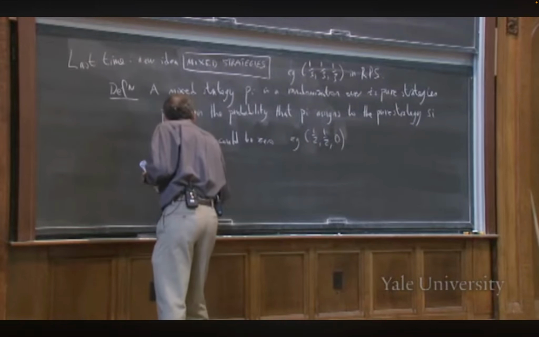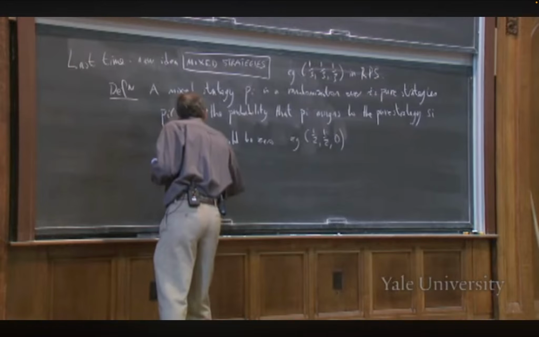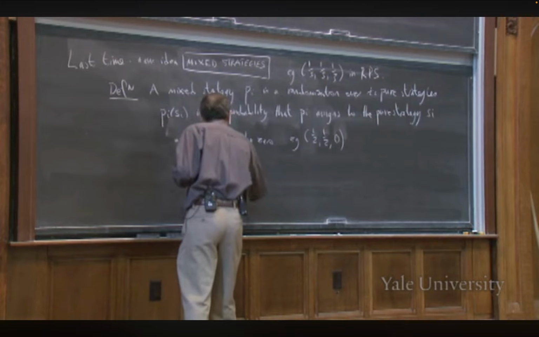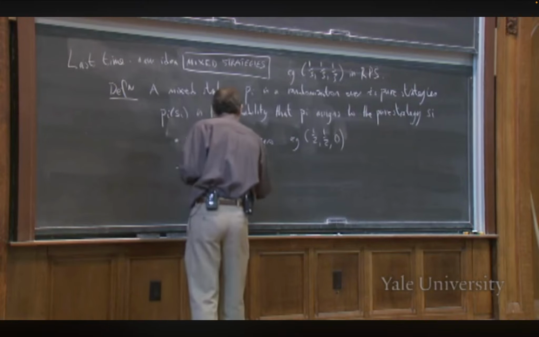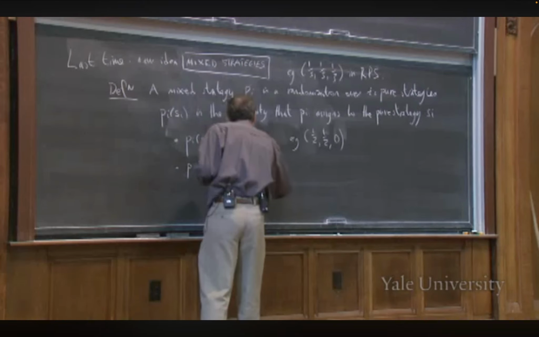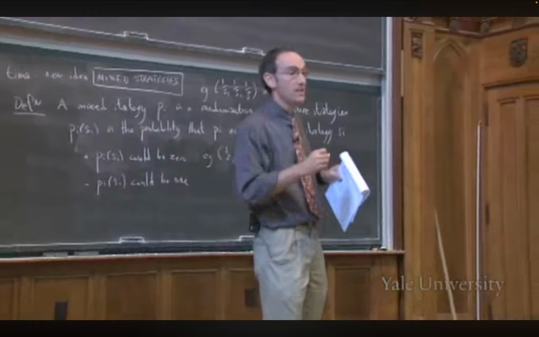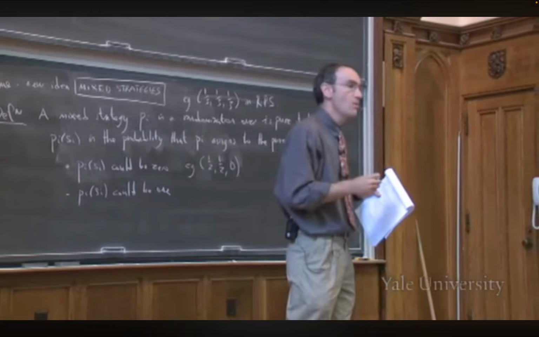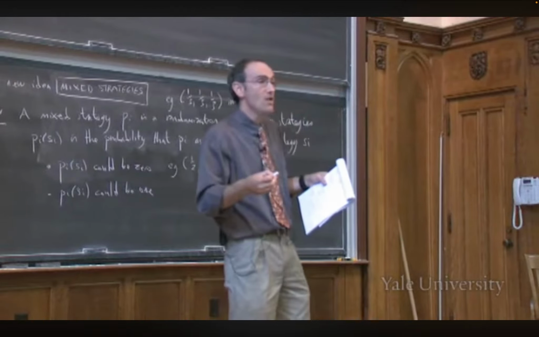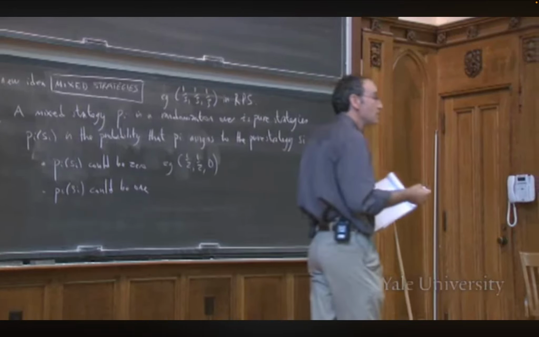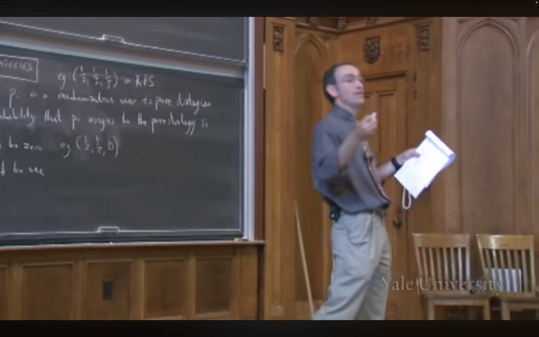And while we're here, let's look at the other extreme. The probability assigned by my mixed strategy to a particular s_i could be 1. It could be that I assign all the probability to a particular strategy. What would we call a mixed strategy that assigns probability 1 to one of the pure strategies? What's a good name for that?